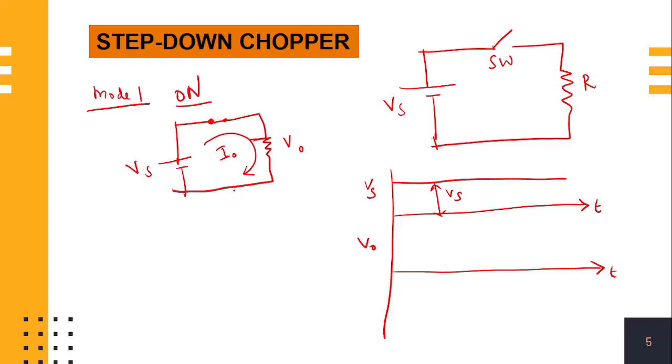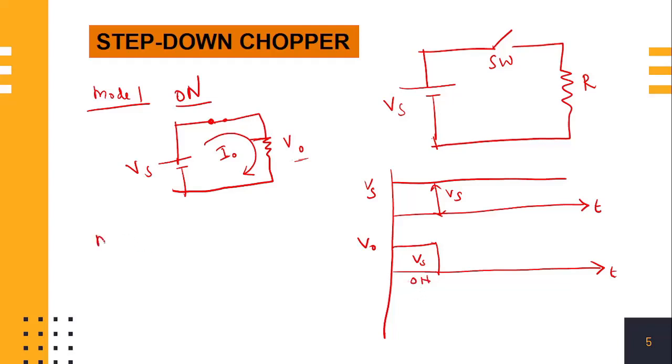When the switch is on, the output and input are in parallel, so the output voltage is the same as the input, with the same height. This output voltage is present as long as the switch is on.